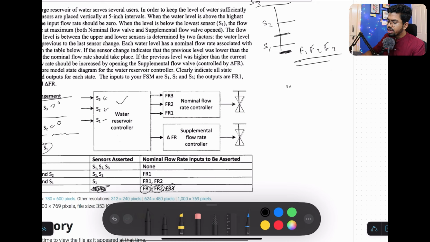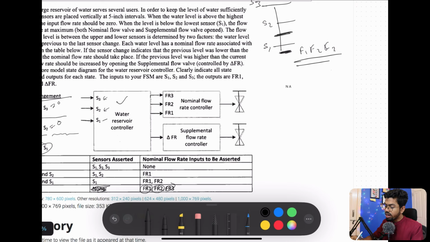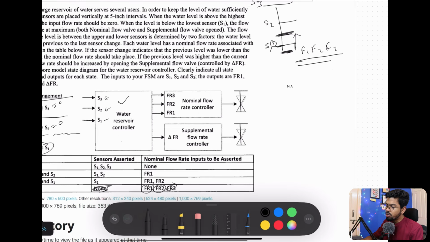Anytime you are between S1 and S2, it is not straightforward. If you are rising in water level from below S1, filling up your reservoir till between S1 and S2, then for sure your S1 sensor will go high because water reached that level, and you will open only your F1 and F2 taps.